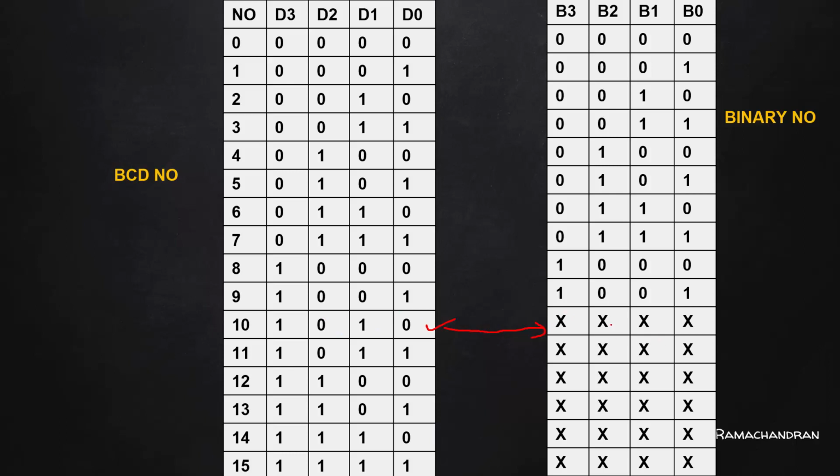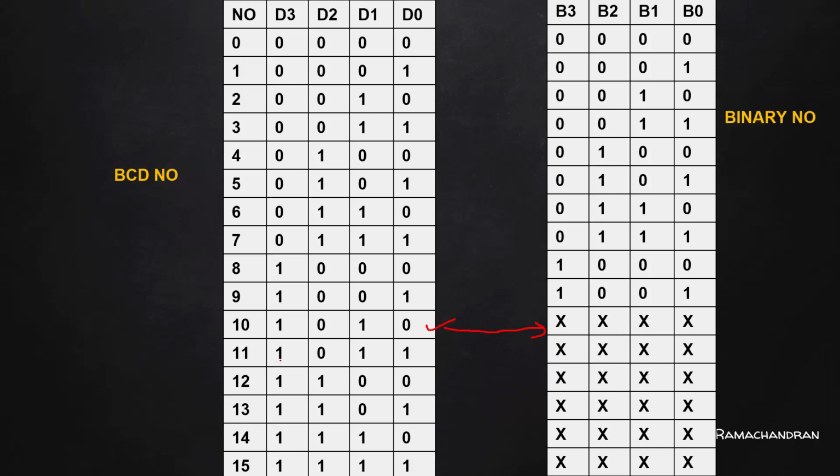So we can mark don't cares here, because this input representation 1010 is not a valid BCD form of any decimal number, right? So in this case, we can mark don't cares in our output.